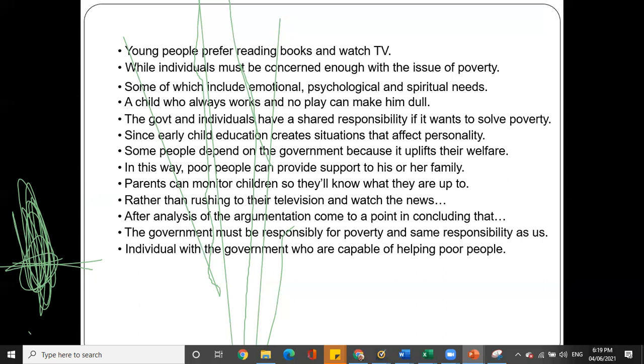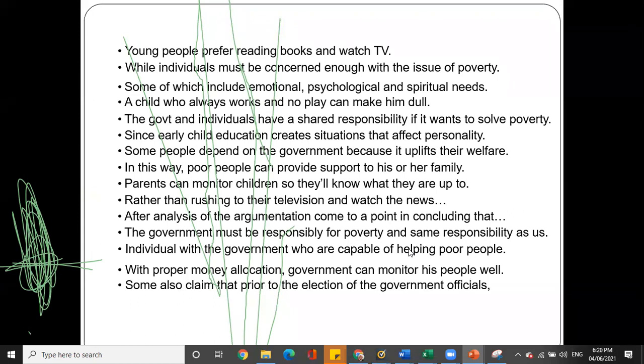Is that a run-on sentence? Anyway, individuals with the government who are capable of helping poor people, comma, there. With proper money allocation, government can monitor their people. Should be its people. The government can monitor its people well.